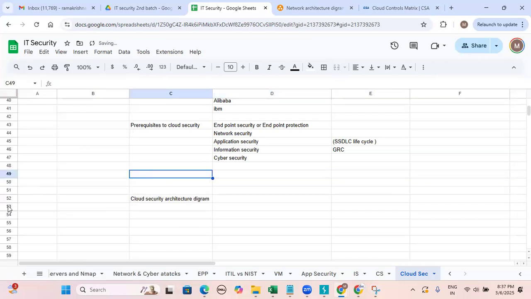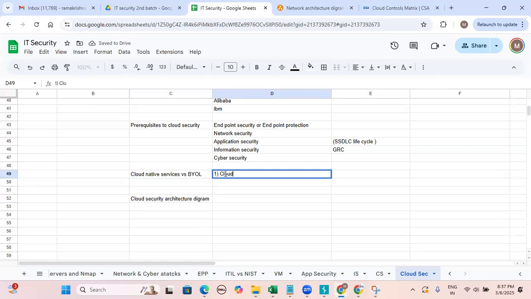What is cloud native services versus BYOL? Okay. First thing is cloud native services.